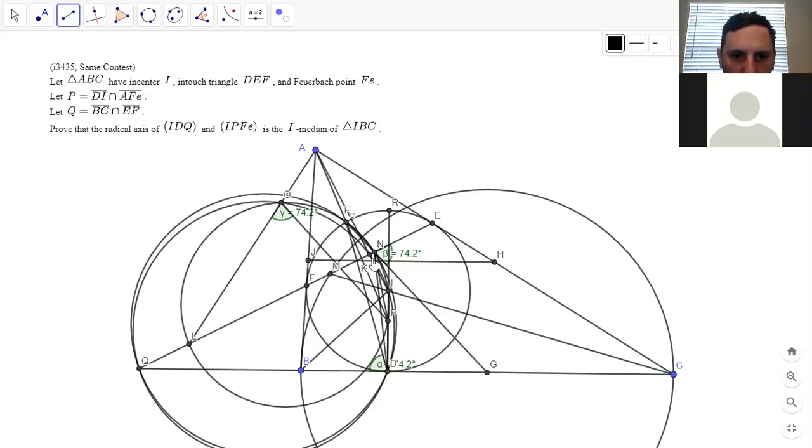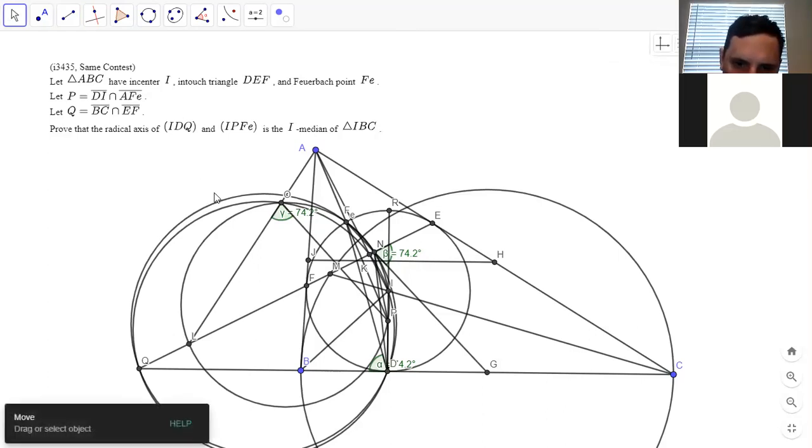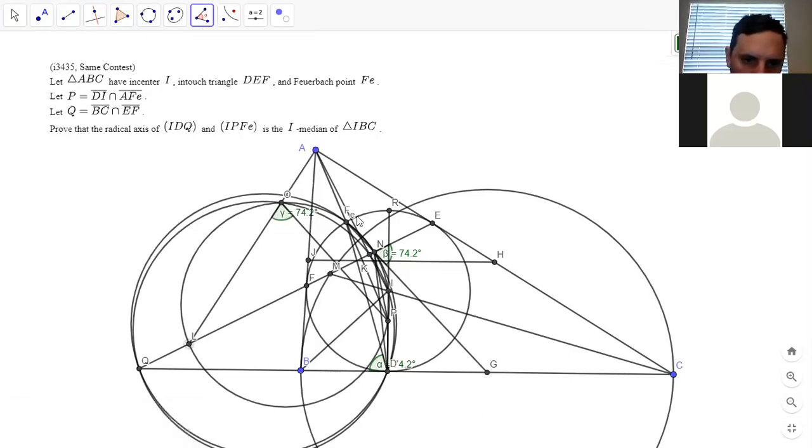FENL and POL. For FENL and PFEL. That means that we have similar triangles. Okay, so I wonder if this is a right angle. Is LFEN a right angle? No.